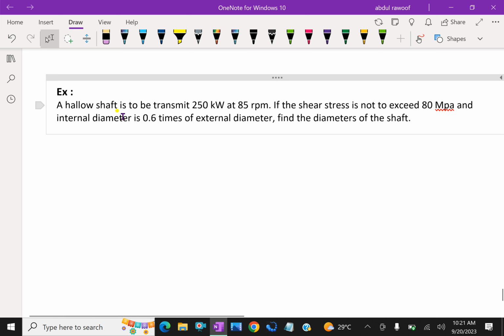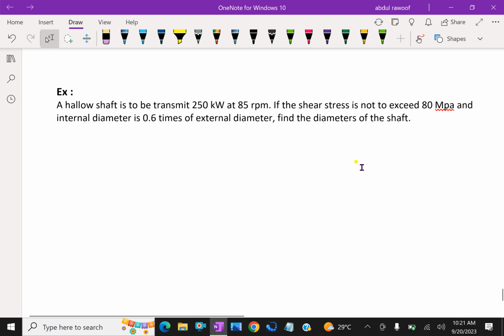A hollow shaft is to transmit 250 kilowatt at 85 rpm. If the shear stress is not to exceed 80 MPa and internal diameter is 0.6 times the external diameter, find the diameters of the shaft.